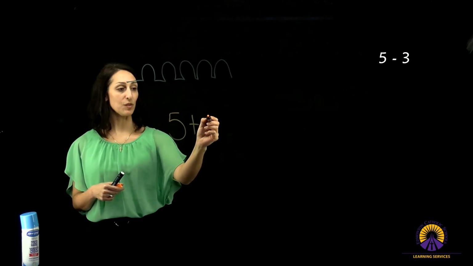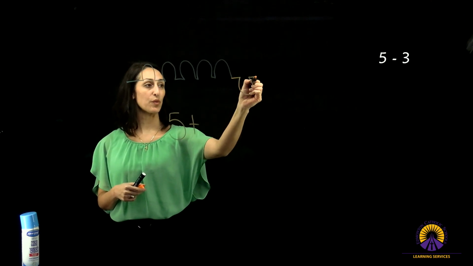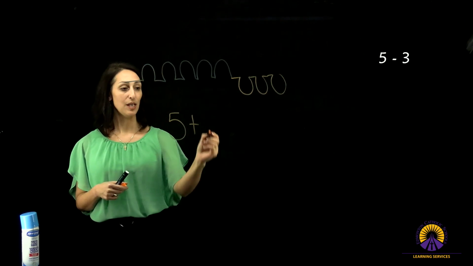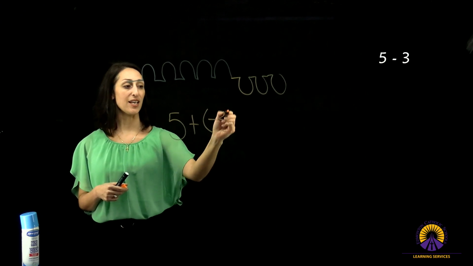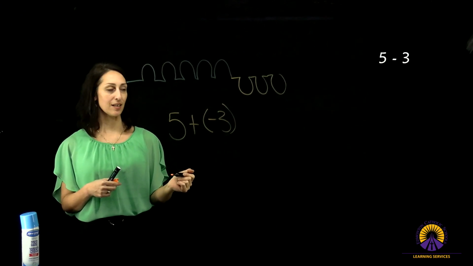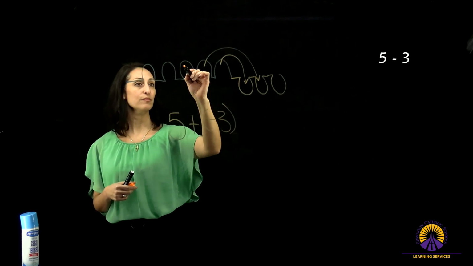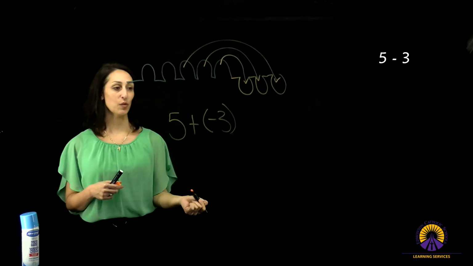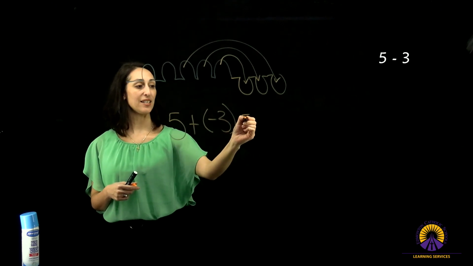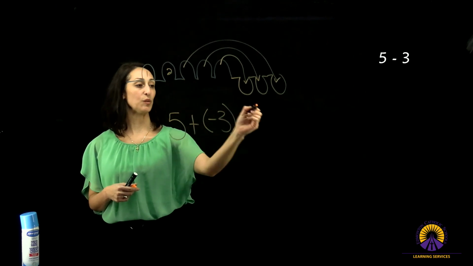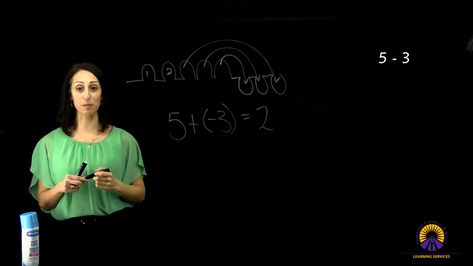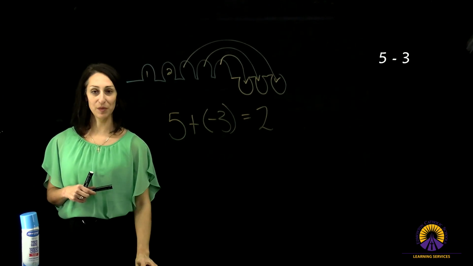And the way that I can do that is by adding 3 negative piles. So if I add those holes in there, then I'm able to fill those holes with my piles in order to make those 0. And I can see that I end up with 2 piles. And since they're piles, I give them a value of a positive.